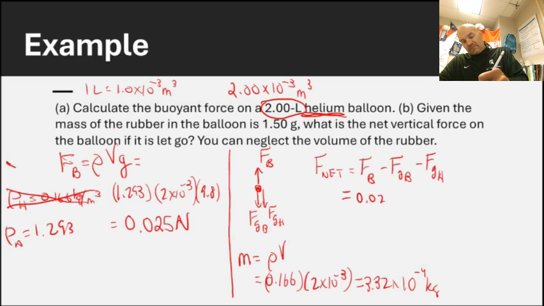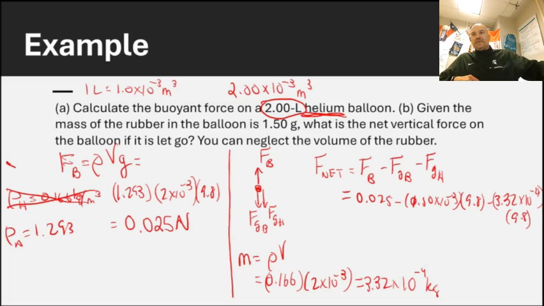So now we have all the information we need to plug in. So 0.025 minus the balloon, so 1.50 times 10 to the negative 3 times 9.8, minus 3.32 times 10 to the negative 4. So I ran out of room here. Times 9.8. And we find that the net force acting on the object is going to be 6. Sorry. Again, all my numbers are jumbled for some reason.